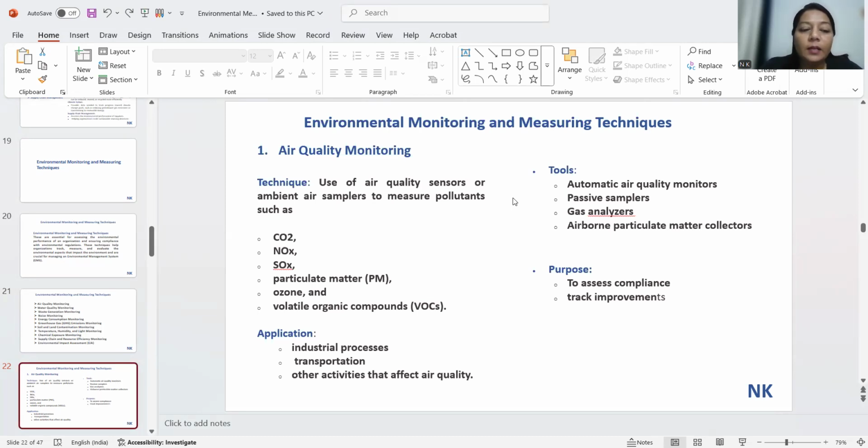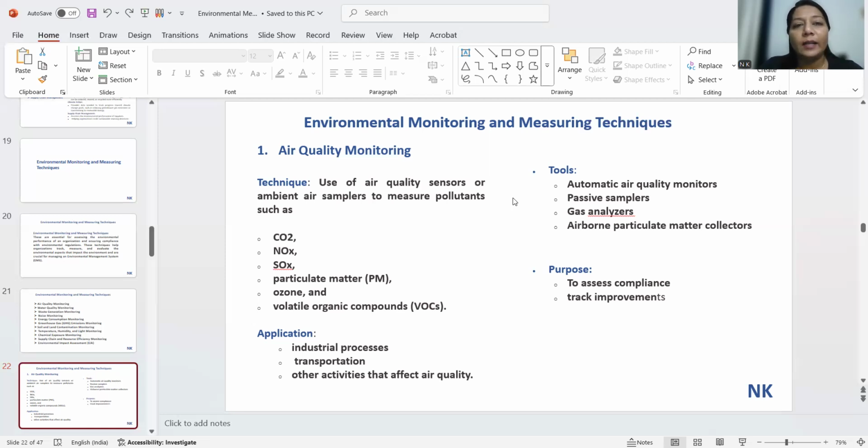In the application part, this technique is essentially for monitoring emissions from industrial processes, transportation, and other activities that affect air quality.